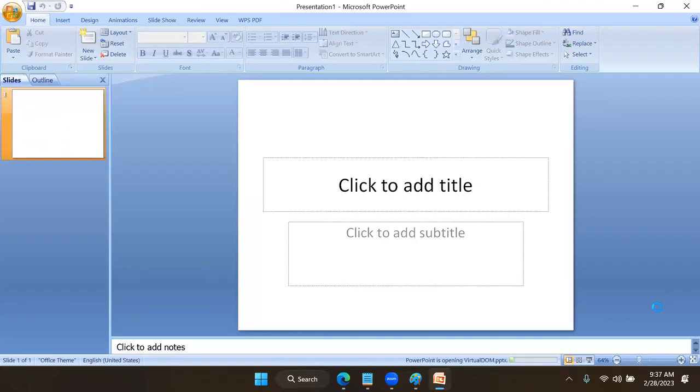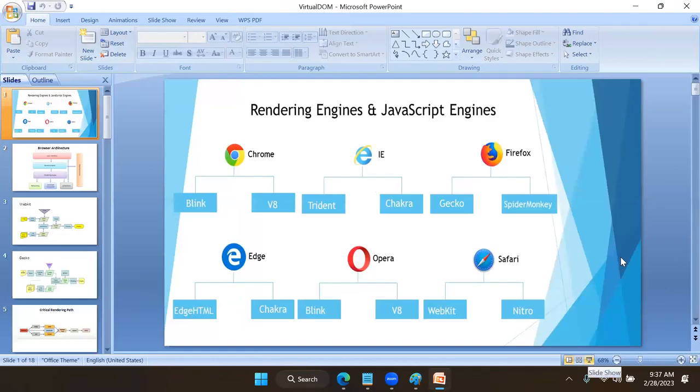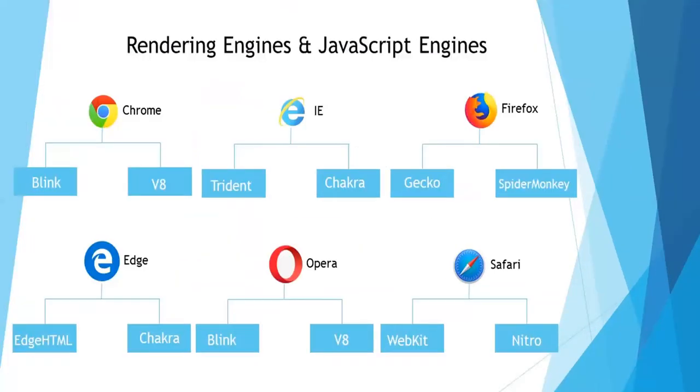These are all various browser engines, the browser rendering and JavaScript engines. Chrome uses an engine called Blink and V8. Firefox uses an engine called Gecko and SpiderMonkey. Generally, JavaScript and HTML are translated in a browser by using these engines.